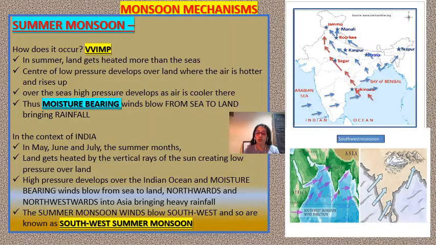Now we look at monsoon mechanisms, and the main one we're going to study in this chapter is the summer monsoon. How does the summer monsoon occur? In summer, land gets heated more than the seas.